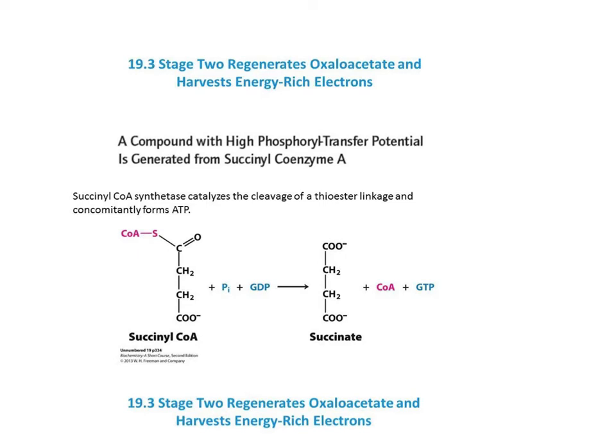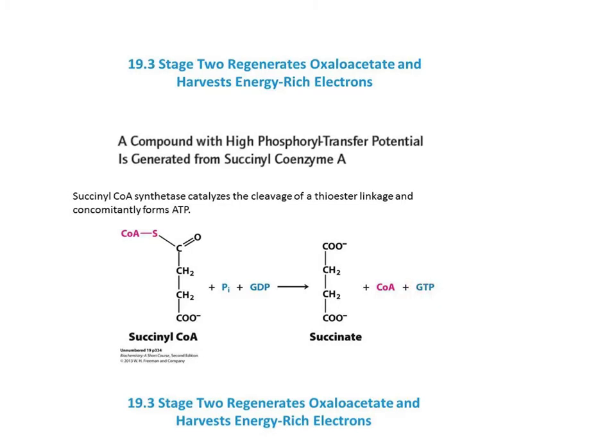Welcome to stage 2 of the Krebs cycle. Here's where we begin to harvest and grab some energy. The first energy step that we get here is the formation of GTP.